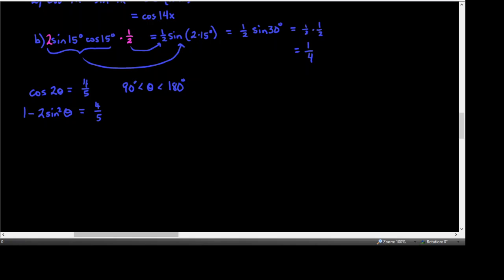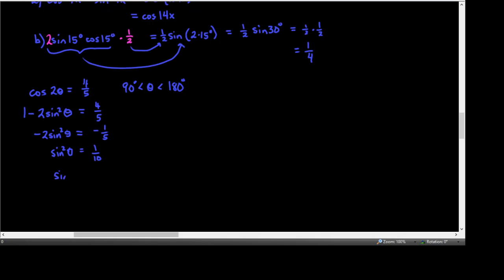I just decided to use this one. So I'm going to solve for sine one step at a time. So I'm going to first subtract 1 from both sides. Then I'm going to divide both sides by -2. So now I know sine squared theta is equal to 1/10.